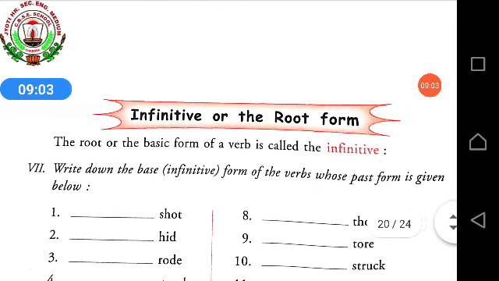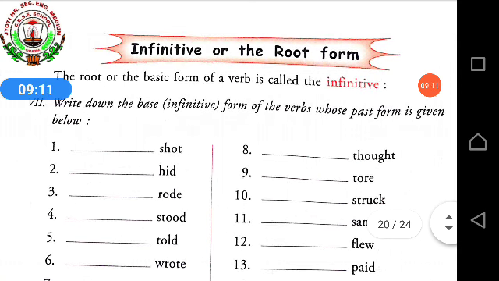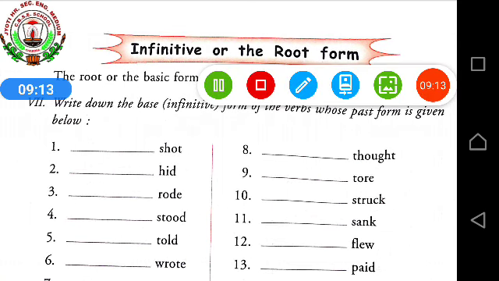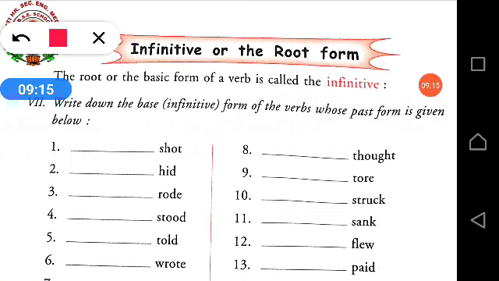Now questions related to infinitive or the root form. The root or the basic form of a verb is called the infinitive. So the first one given over here is shot. It will become to shoot, not to shot, because we will be taking the first form of the verb.